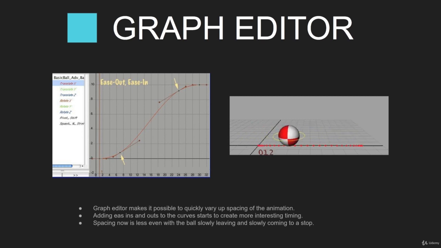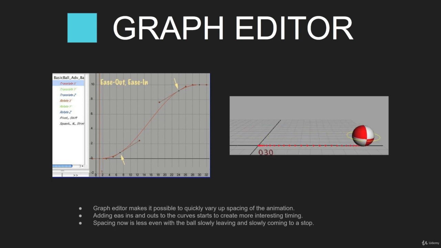You still have a slow movement at the beginning and then a slow ease out at the end of the animation, but it's starting to have a little more weight. You can see the spacing is still very even if you take a look at the spacing in the middle and the left and the right of the ball. But it gives you an indicator to see when you start setting those extra keys.